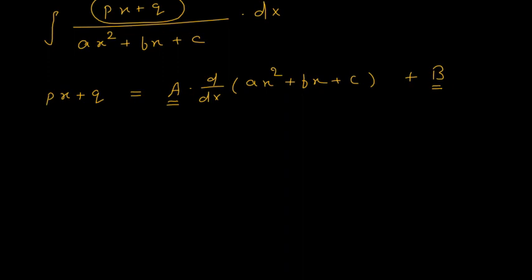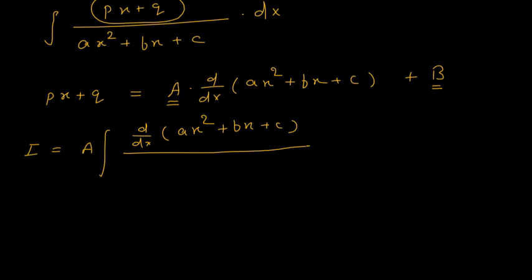Once I get the value of a and b, my integration will become a times, in the numerator we have d upon dx of ax square plus bx plus c, which is the derivative of the denominator, over ax square plus bx plus c times dx.